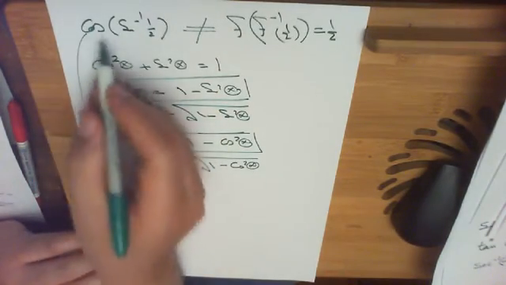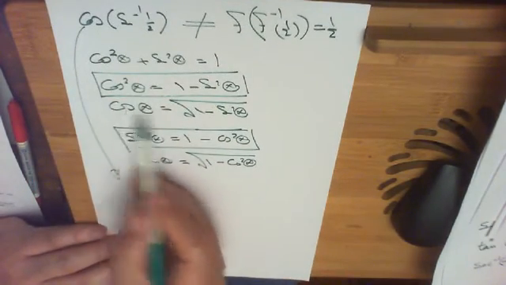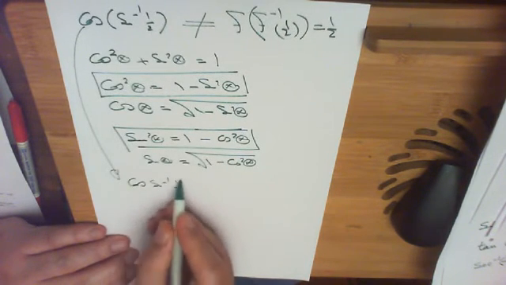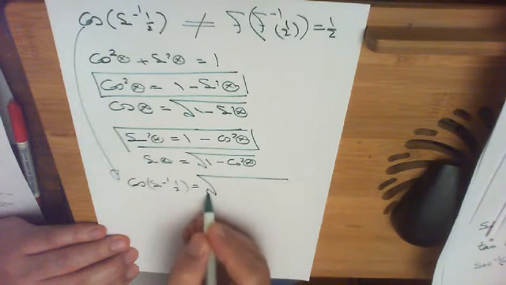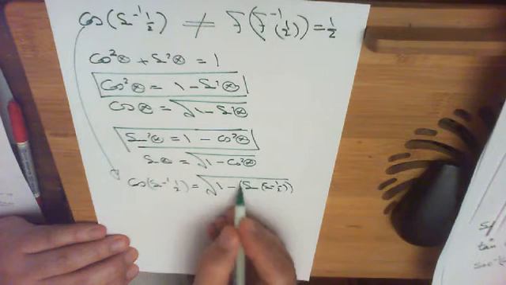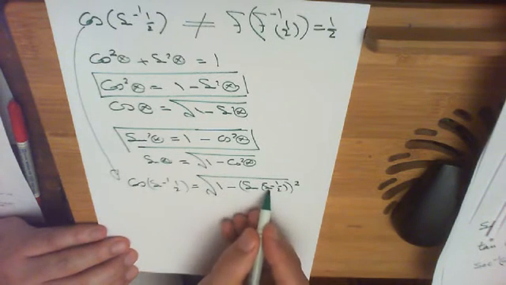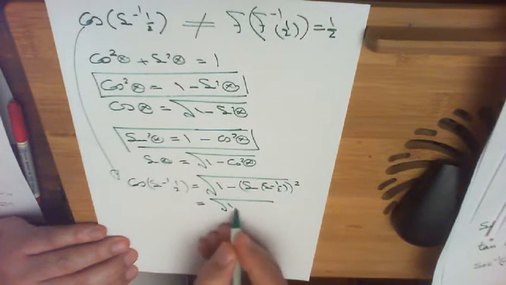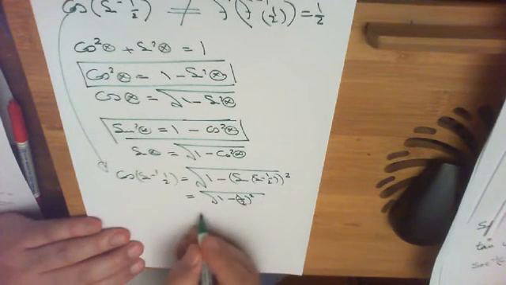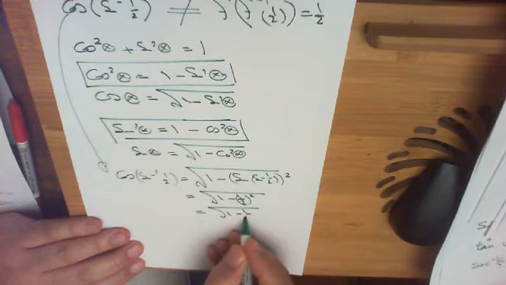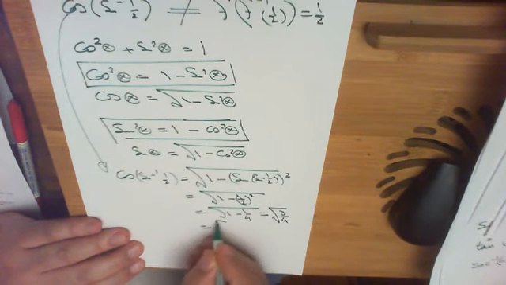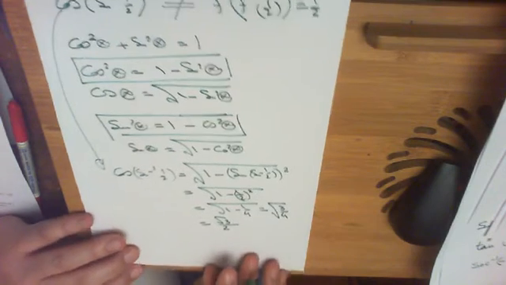How? We can transfer from cosine to sine, as cosine of sine minus 1 of half equals the square root of 1 minus sine of sine minus 1 of half, squared. Sine cancels sine minus 1, so we have 1 minus 1 over 2 all squared. We have 1 minus 1/4. It is root 3 over 4, which is root 3 over 2.